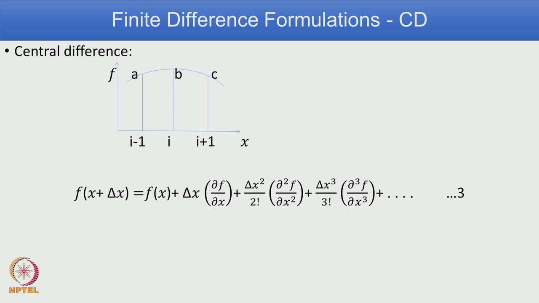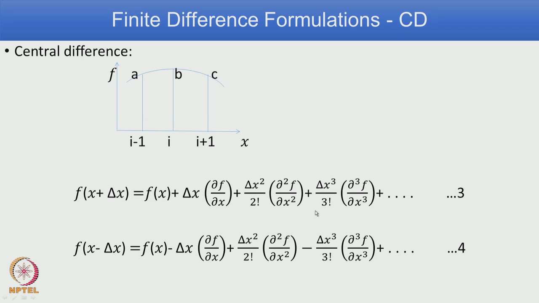So, we again write down the expression for the Taylor series expansion of f of x plus delta x like this, and f of x minus delta x as shown here in equation 4, and these two are familiar. Now, we have to do again a small arithmetic operation, and we observe dou f by dou x in both equations 3 and 4 respectively.